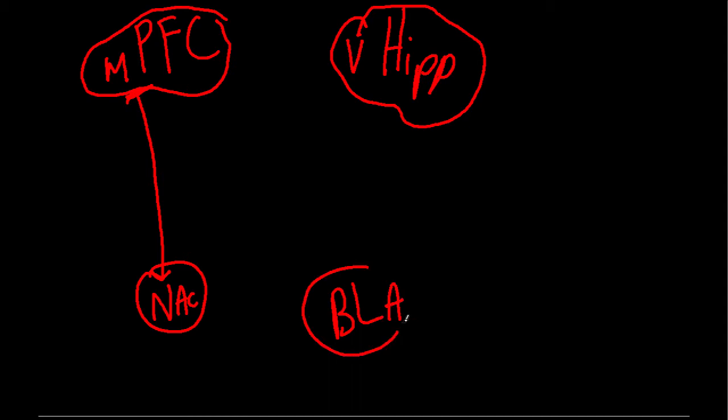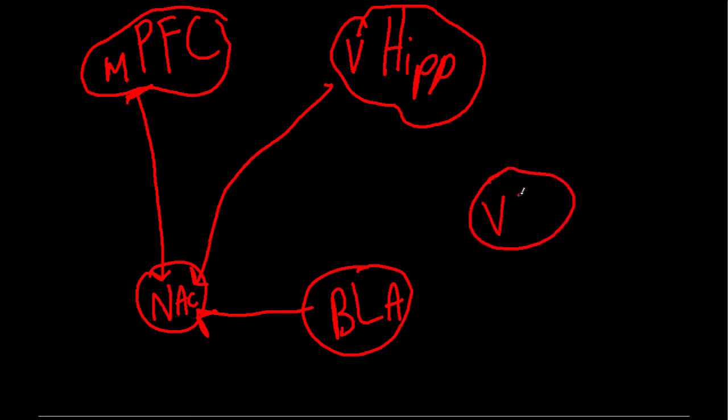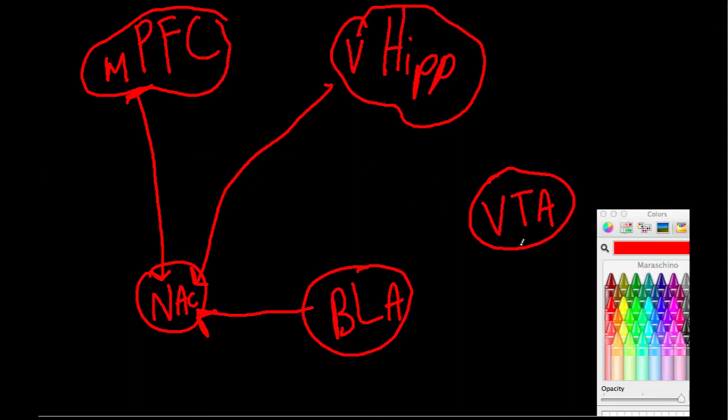The basolateral amygdala. These all provide projections onto the nucleus accumbens. And there's also the ventral tegmental area, and I'll change color, looks cooler. Here, the dopamine pathway.